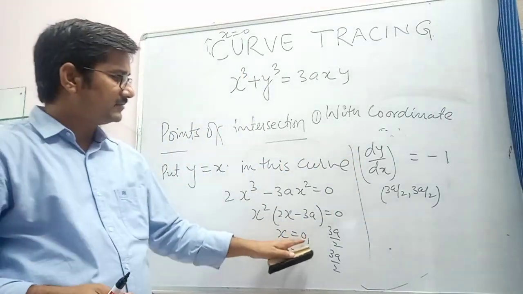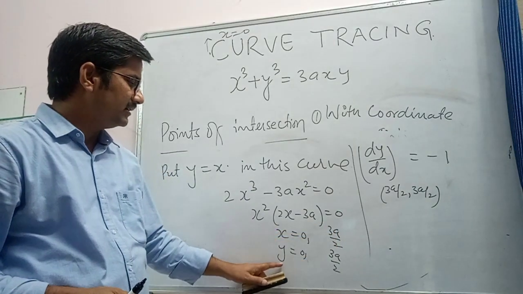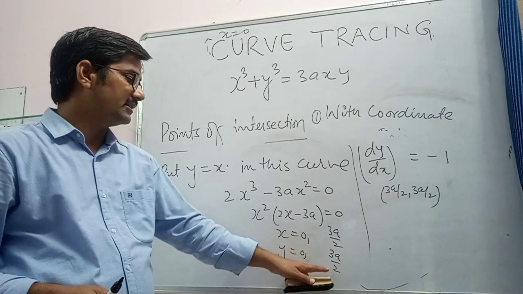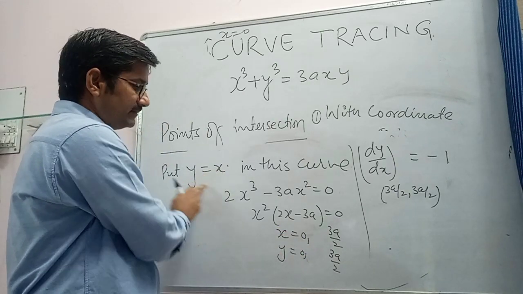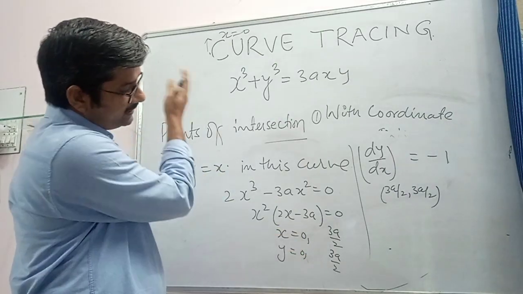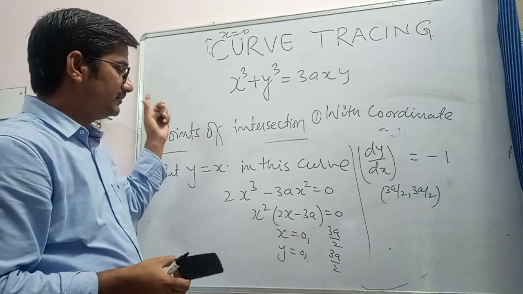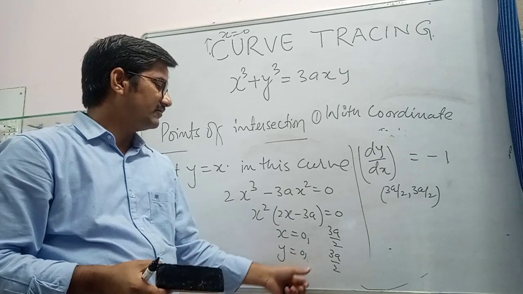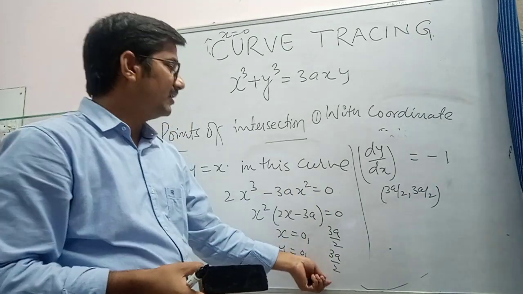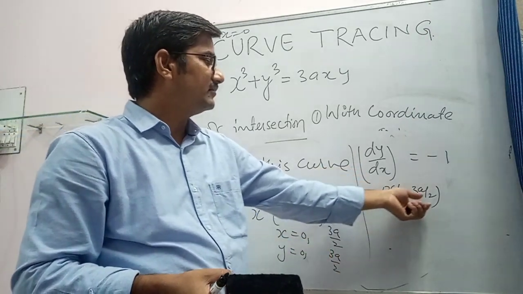We will get x is equal to 0 and 3a by 2, and similarly y is equal to 0 and 3a by 2. So one point of intersection of this curve with this line of symmetry is the origin, and we have already tested the nature of the origin. So no need to test dy by dx at this point. We have to test dy by dx only at the point 3a by 2, 3a by 2.